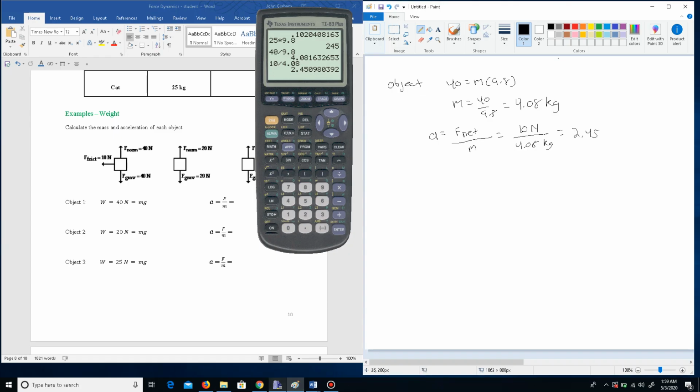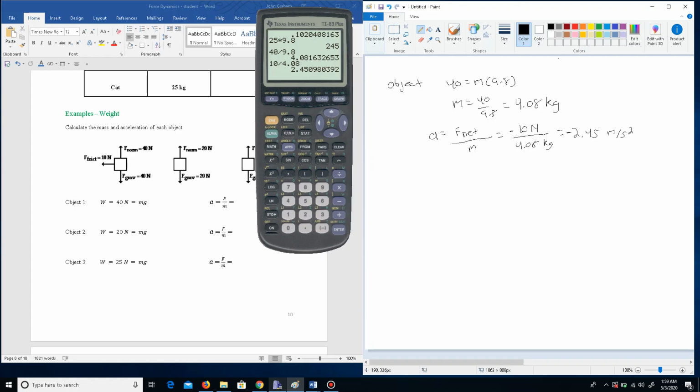Because this force is going to the left, and the object is moving to the right, we're going to call this negative. So the force is negative, which means your acceleration is going to be negative. So you get negative 2.45 meters per second squared. Acceleration and force will always be in the same direction, because they are the only ones that have a direction; mass does not. So if this is positive, this will be positive. If this is negative, this will be negative.